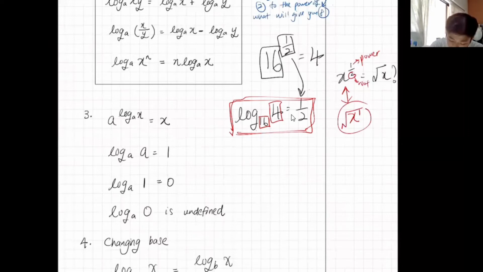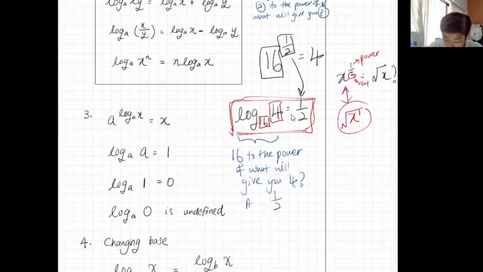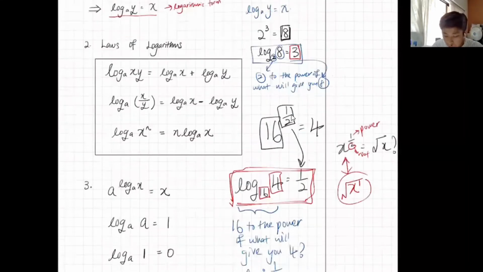This statement means 16 to the power of what will give you 4. And the answer is on the right hand side, which is half. You must be able to interpret the words like this.